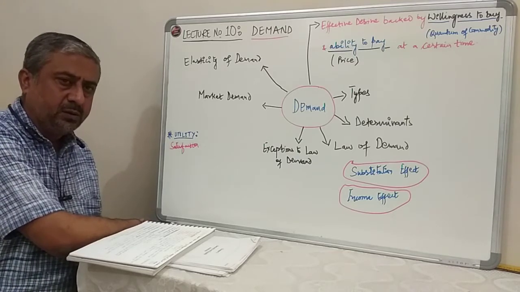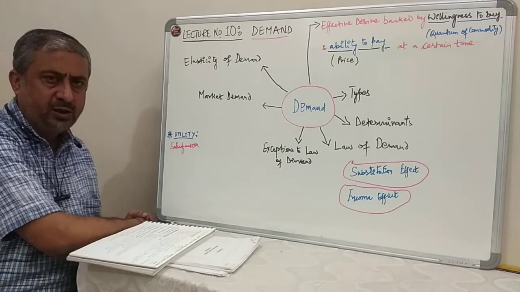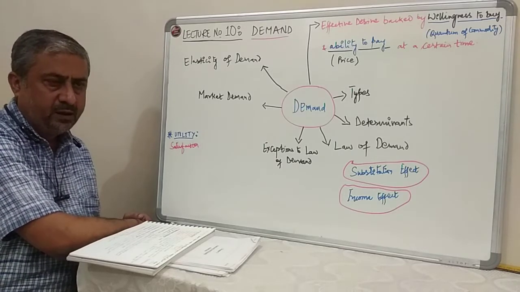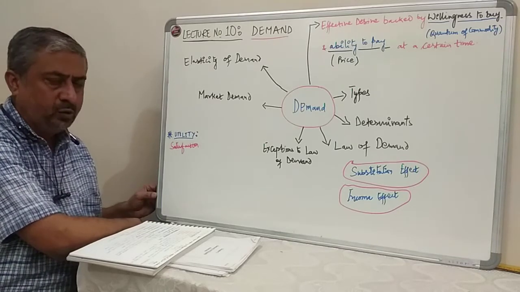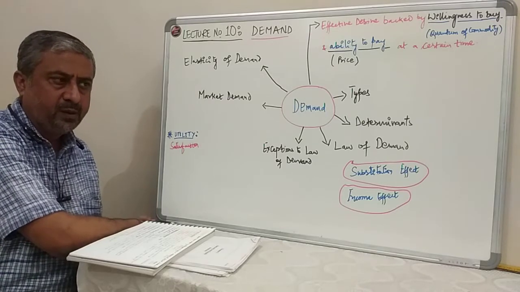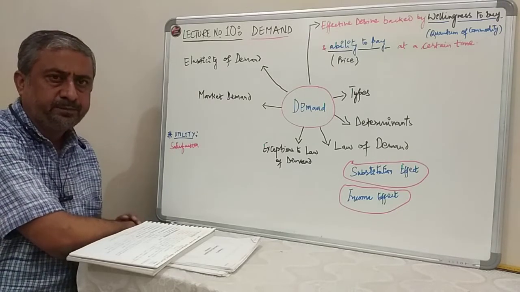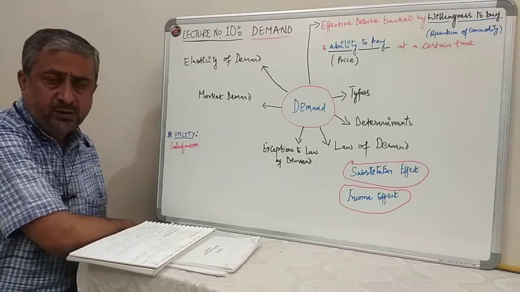Complementary demand is for goods that are jointly demanded. Like again, coming back to the classic example of the whiteboard. Along with the whiteboard, what do you need? Marker pens, dusters, right? Whiteboard, dusters, sorry.